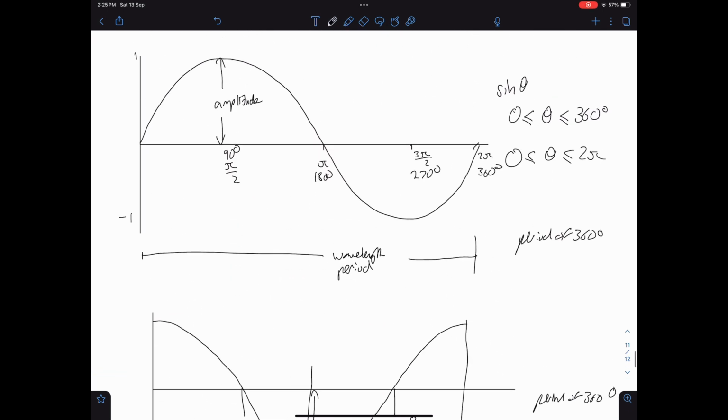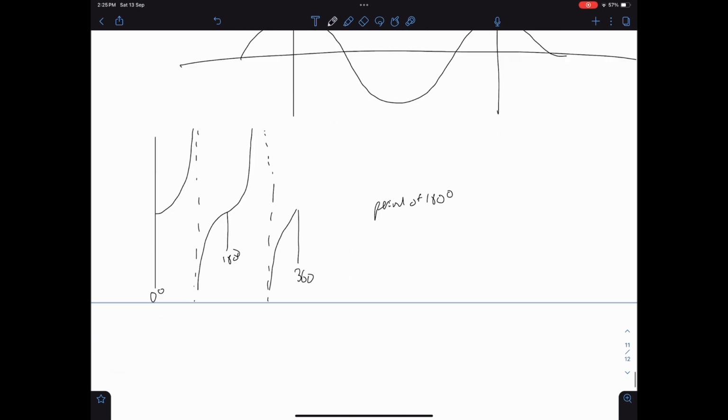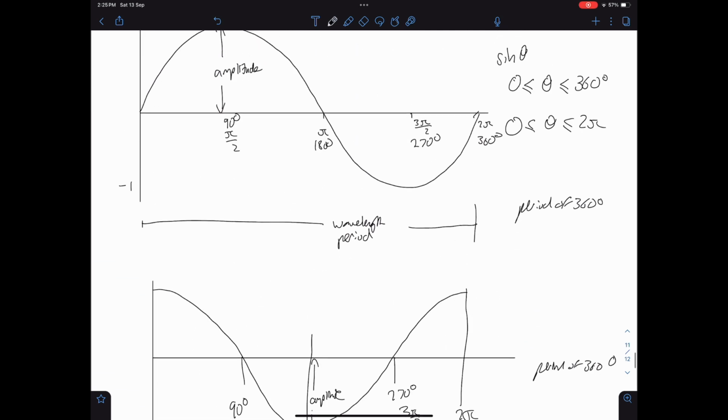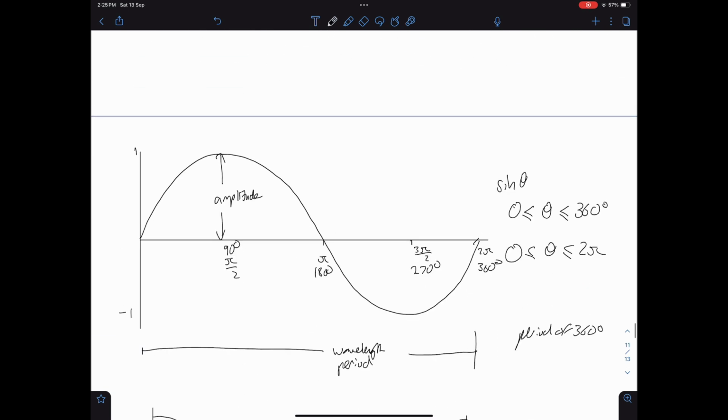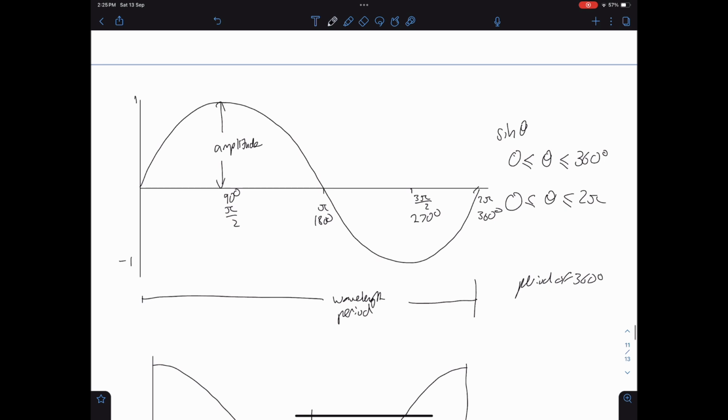And now if we look at these functions and these graphs, if you remember the transformations of functions, we can make them go up, down, wider or shorter or whatever.